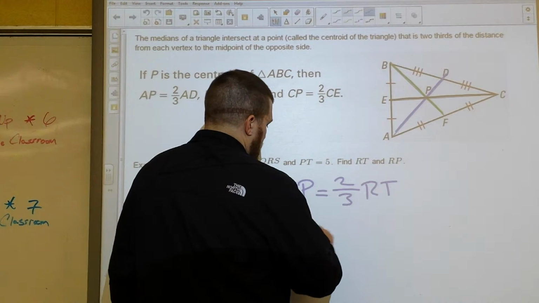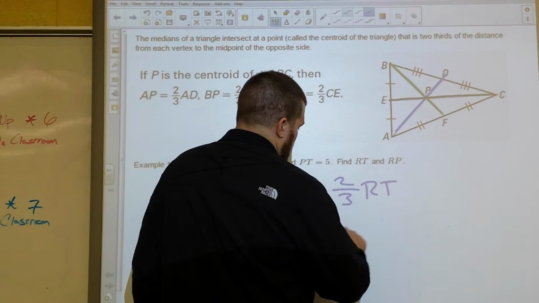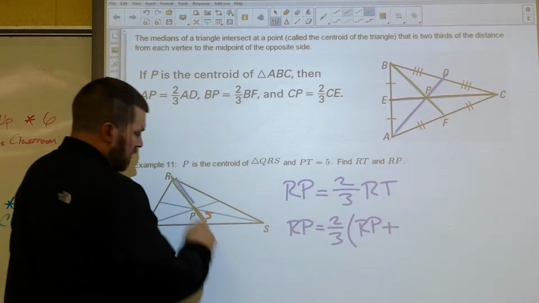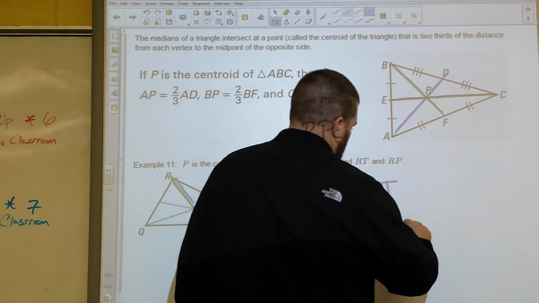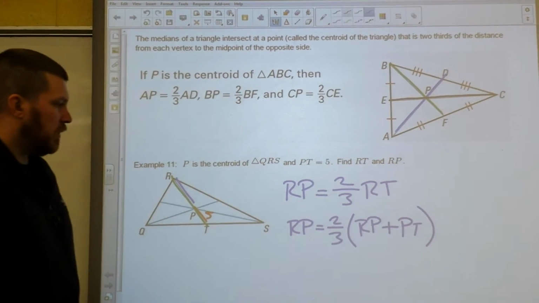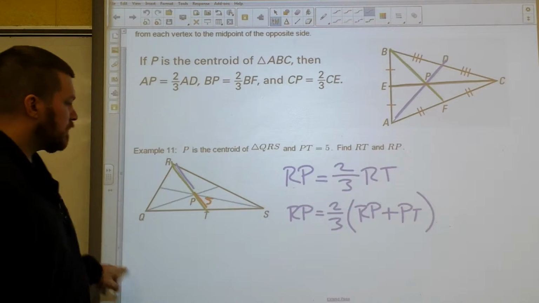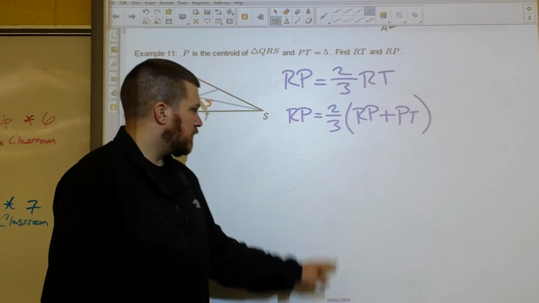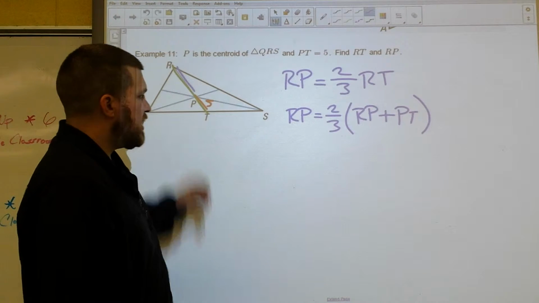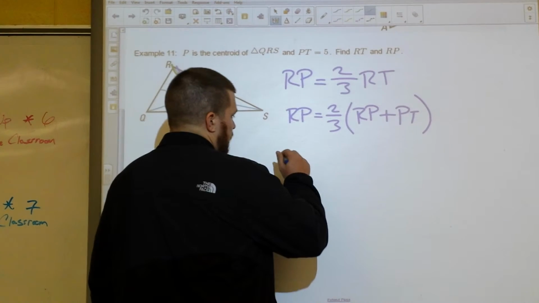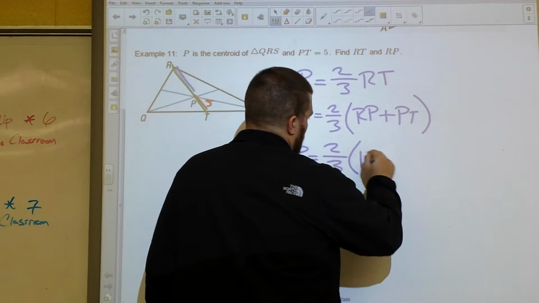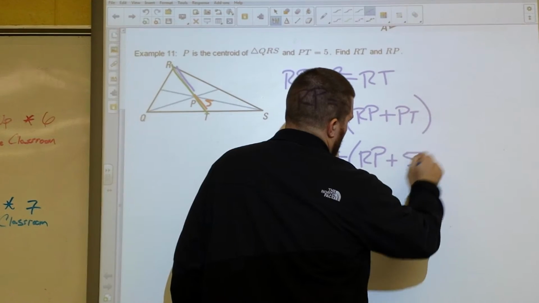So RP equals 2/3 of RP plus PT. Now I have an equation. RP is what I'm solving for, and PT I know, so let's plug in what we know. RP is 2/3 of RP plus 5.